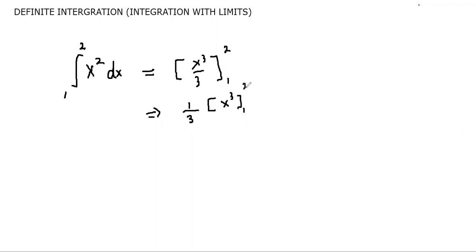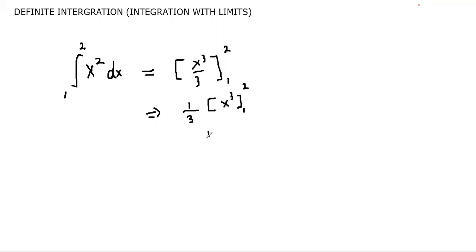Now how to solve limits? Just remember the formula, upper limit minus lower limit. This is the way limit is introduced. So you have to put the value of 2 in place of x. Wherever the variable is, you have to put the value of the upper limit there.